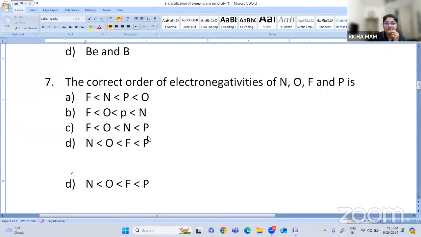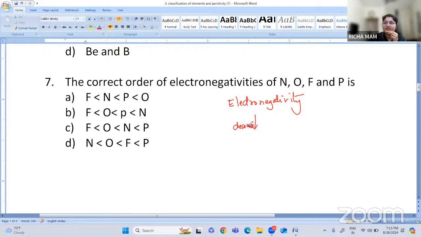Go for the next one. The correct order of electronegativities of nitrogen, oxygen, fluorine, and phosphorus is? We know what happens to electronegativity as you go down the group: it decreases, and across the period it increases.